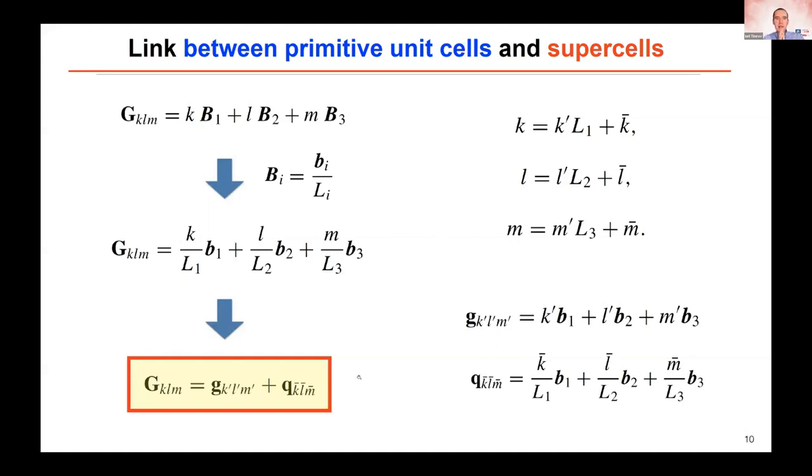So this is really the most important result of these two slides, that we can write the generic lattice vector of the supercell as a sum of the generic lattice vector of the primitive cell plus some Q vector. Sorry, maybe it was a bit too technical, but I think we had to go through this.